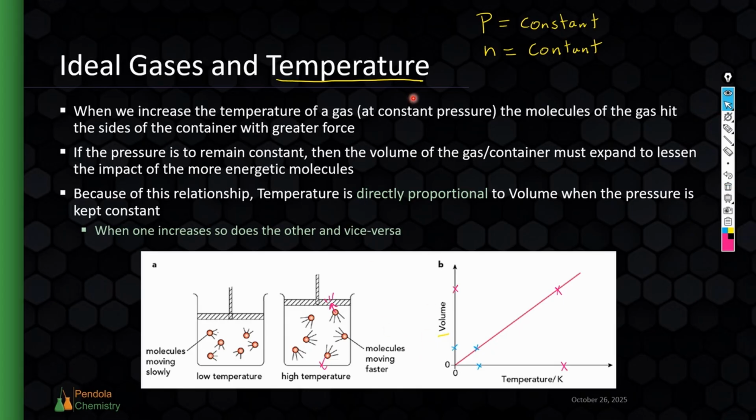Meaning that as temperature increases, so does volume, and with pressure, as pressure increases, volume goes down, and vice versa. Let's look at how we put all of this together when it comes to AS questions.